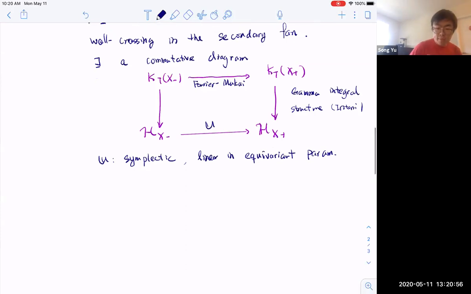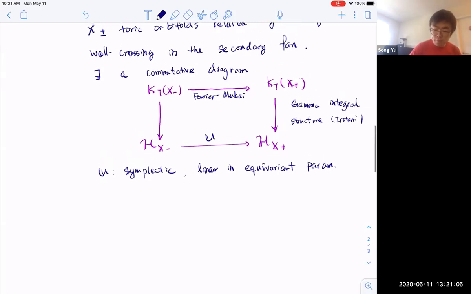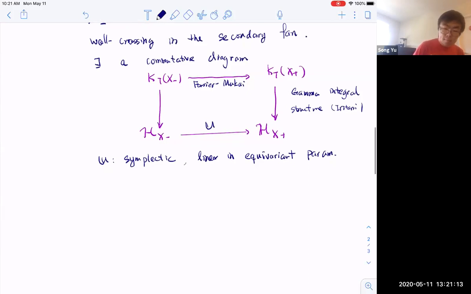Everything here can be made equivariant with respect to some torus T, which makes the toric Crepant transformation from X plus to X minus T-equivariant. And this U also has a non-equivariant limit. But a very important thing is that after analytic continuation, U takes the I function of X minus to the I function of X plus.